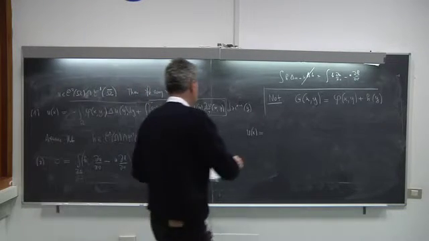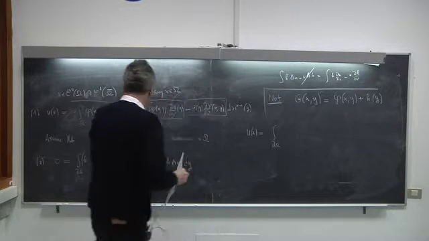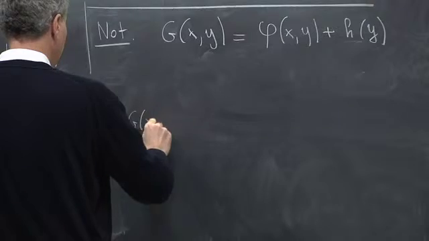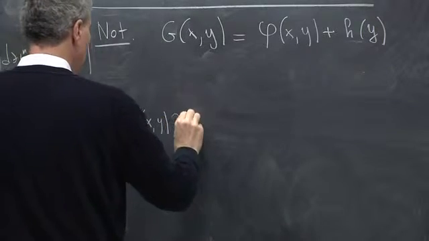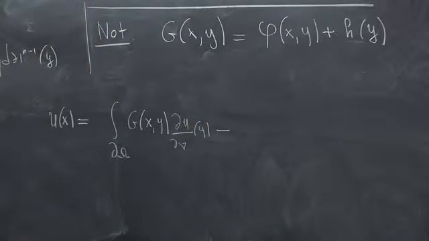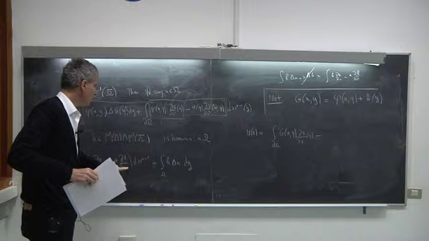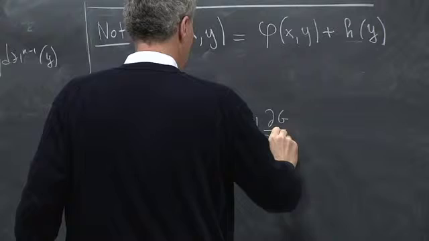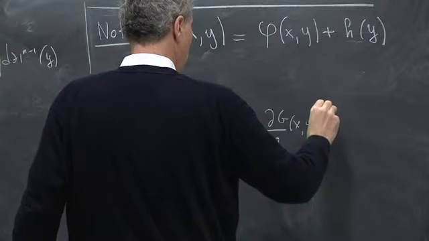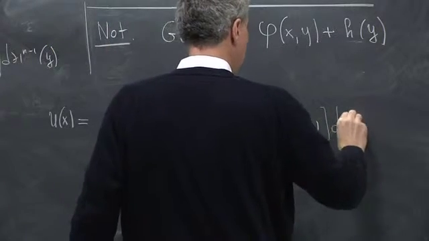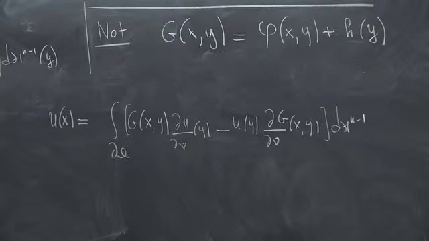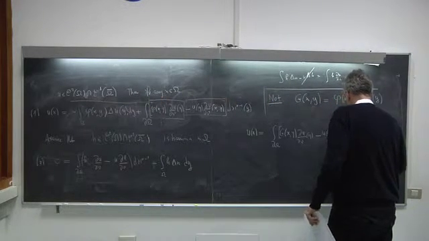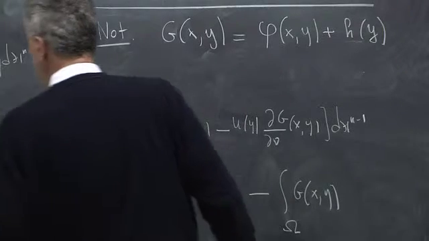So let me write first phi plus h, which is G, du over d nu, minus u, d of phi plus h over d nu, minus G Laplace of u.